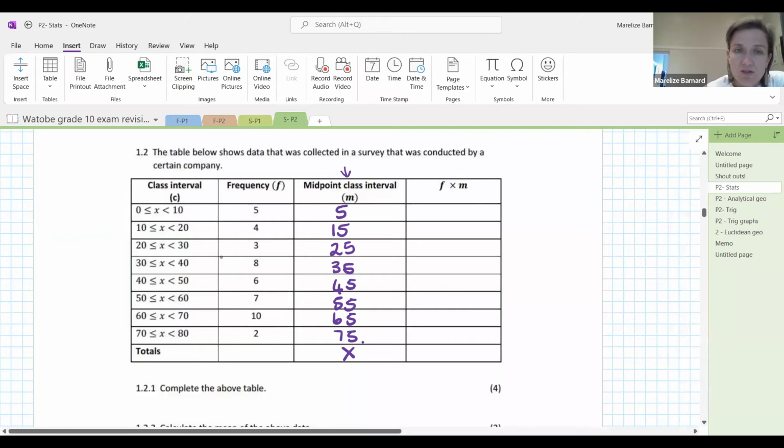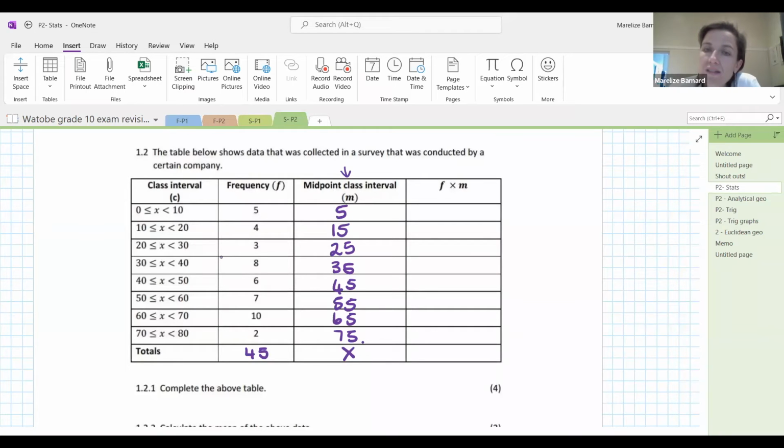Just do the frequency quickly and pop it in the chat when you know the total frequency. Nyasha's right. It's 45. Well done.